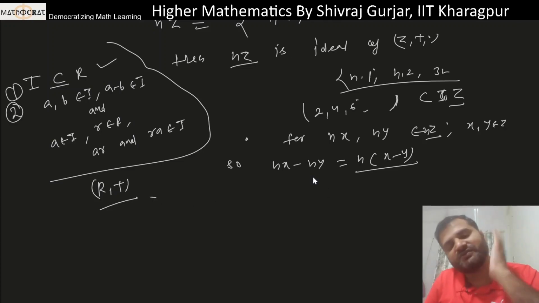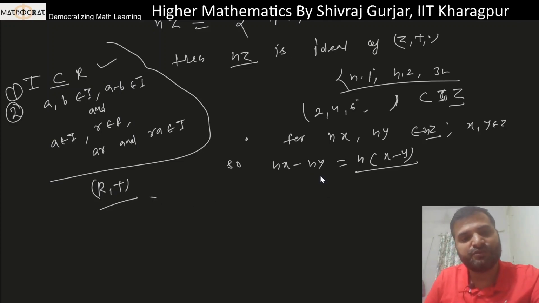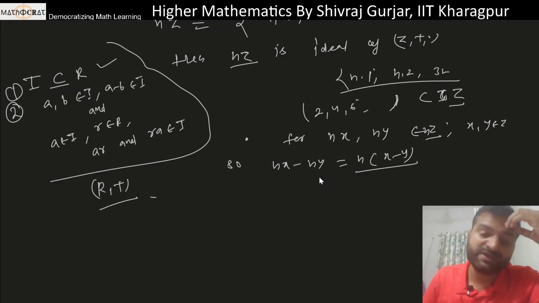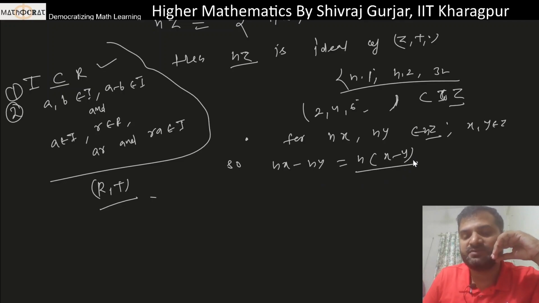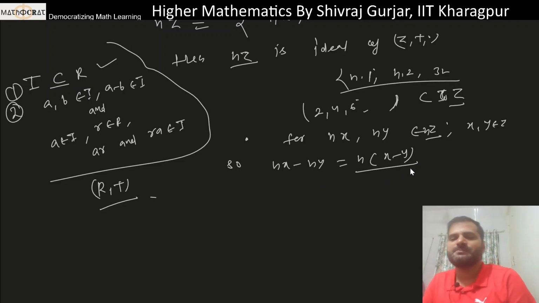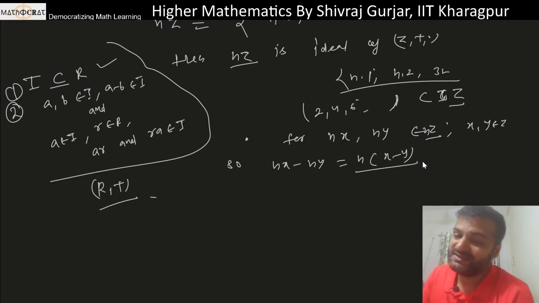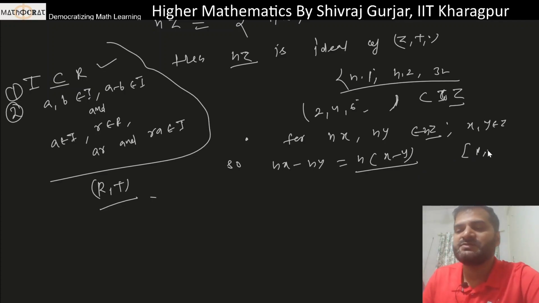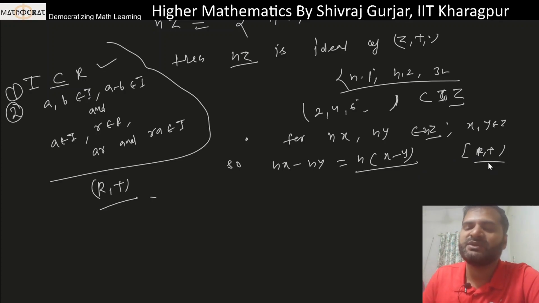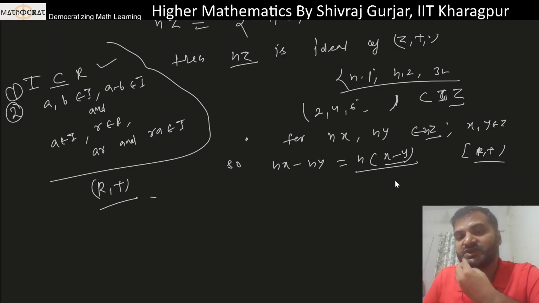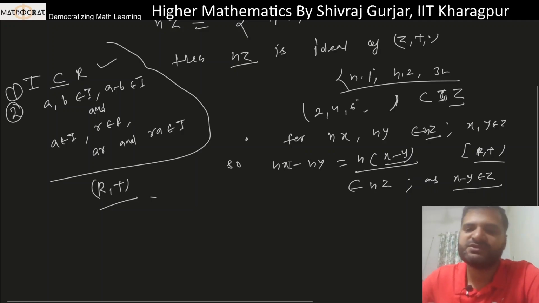So minus ny, for ny there will be additive inverse minus ny. So this can be clubbed this way by the closure and inverse property in R plus. ठीक है? R plus में जो closure and inverse axiom है, by the help of that we can write this way. But then again x minus y, this belongs to nZ because x minus y belongs to Z by closure in Z. Closure plus inverse both combined.